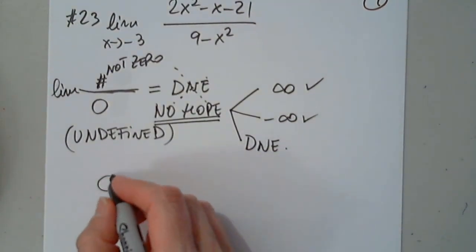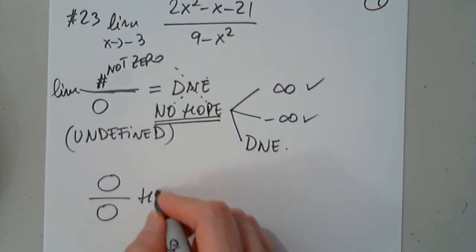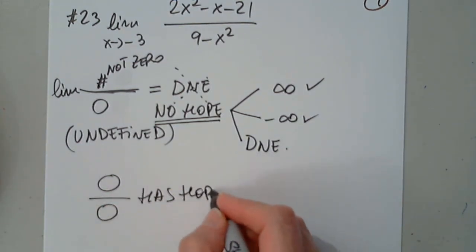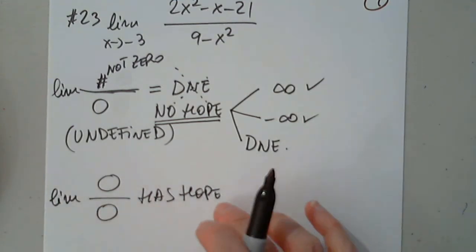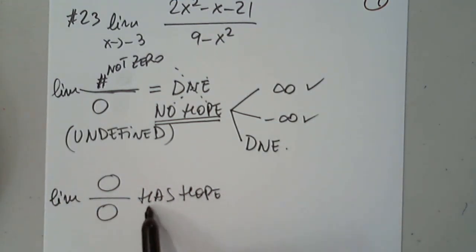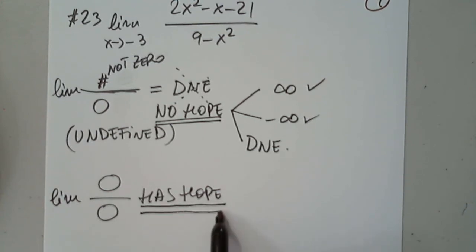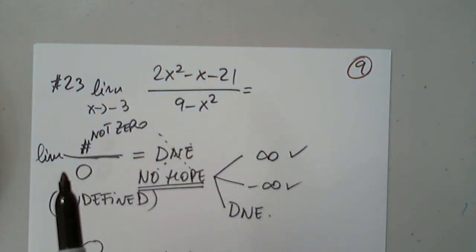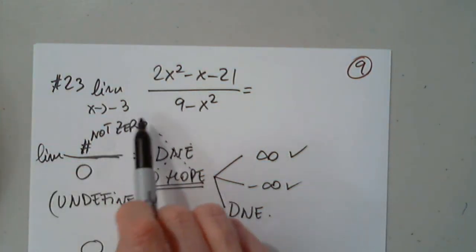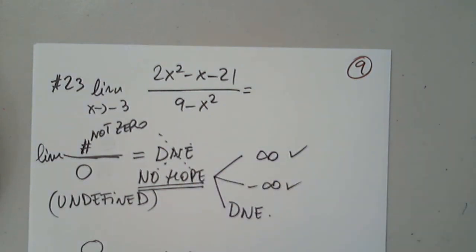However, 0 over 0 has hope for the limit. There is hope. I'm not saying that the limit exists. I'm saying it's possible. There is hope. Okay, so as I mentioned, every time we are asked to find the limit, we have to plug it in. Can anyone plug it in at the top and tell us what we get?